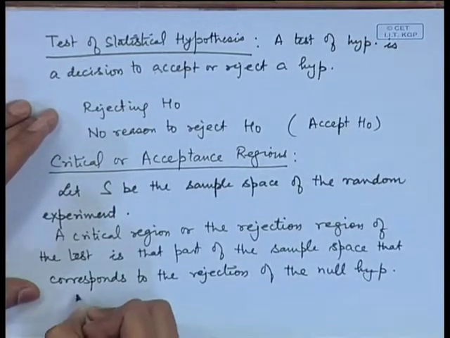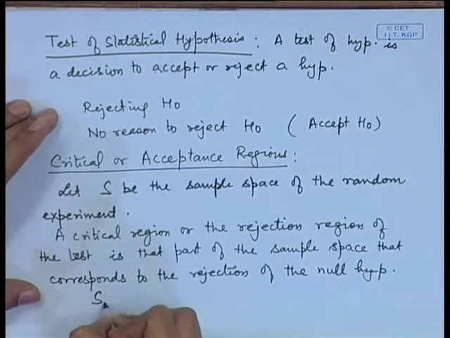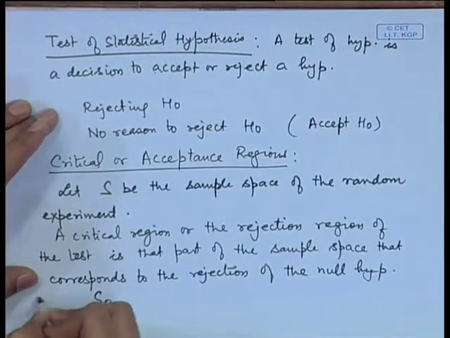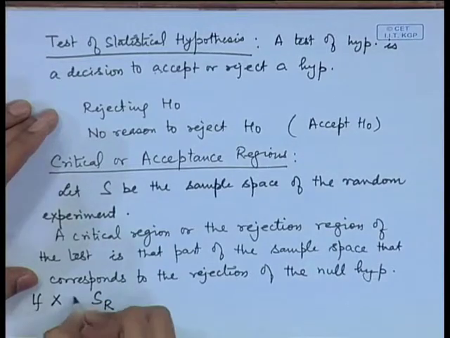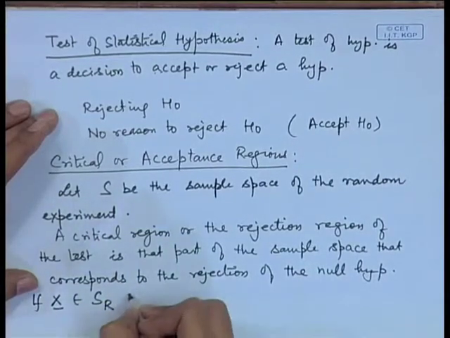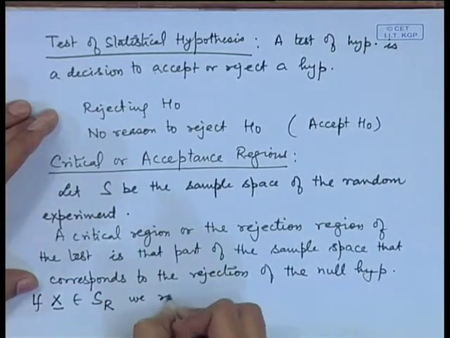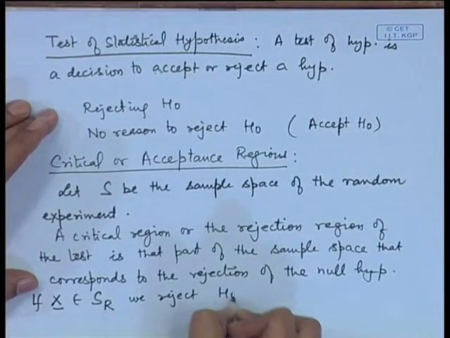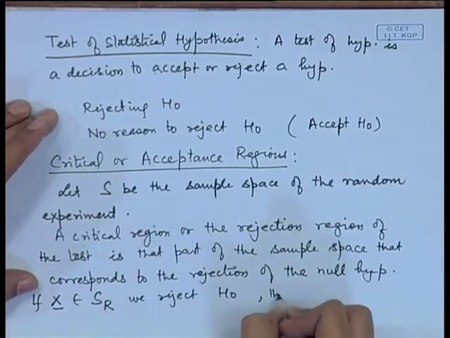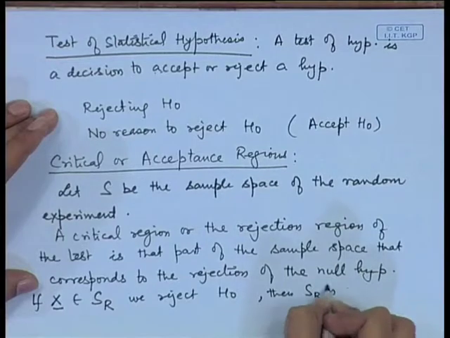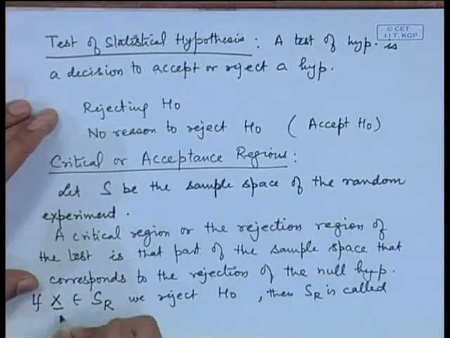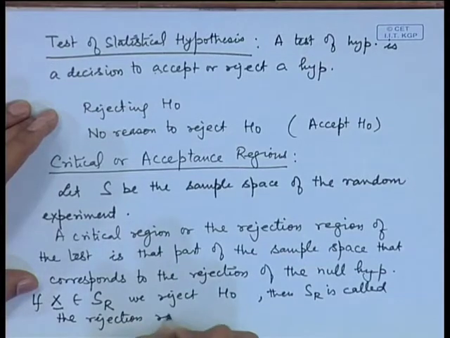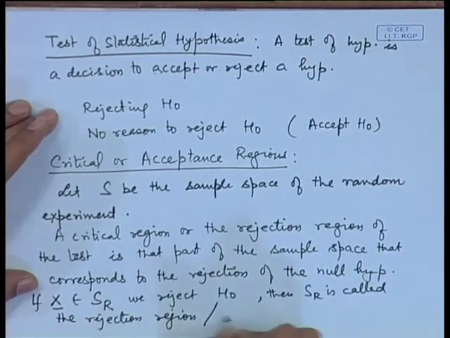So, we can use the notation S R. If our observation x belongs to S R, we reject H naught, then S R is called the rejection region or critical region.